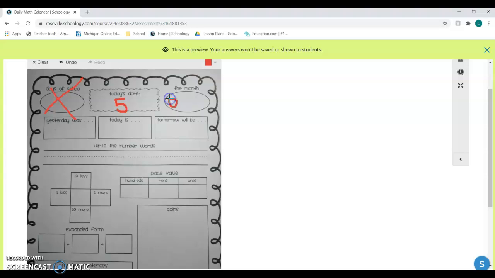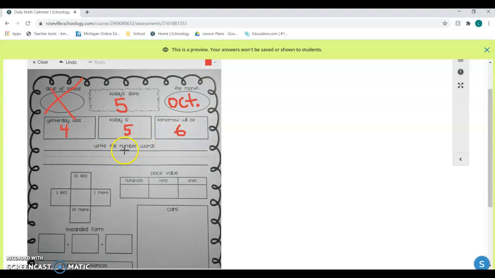So I'm going to write the abbreviation, but the expectation is the full month, so it's October. Yesterday was, you would just write the number of yesterday's date. So yesterday would have been the 4th. Today is the 5th. And tomorrow will be the 6th.